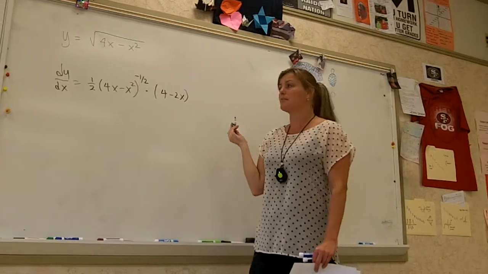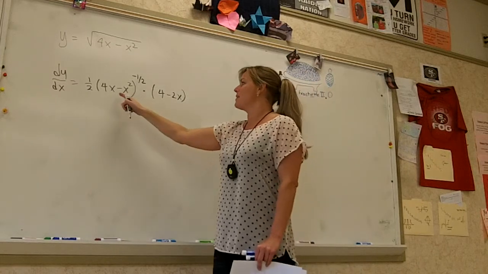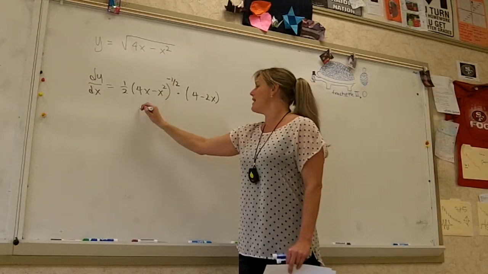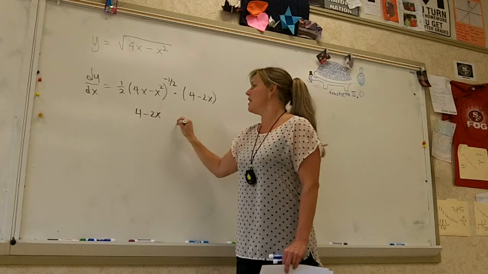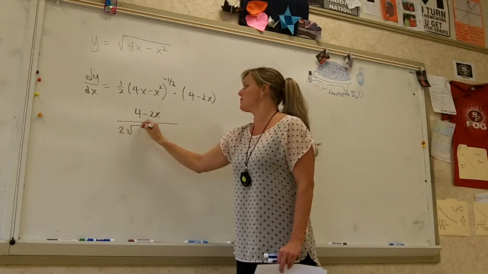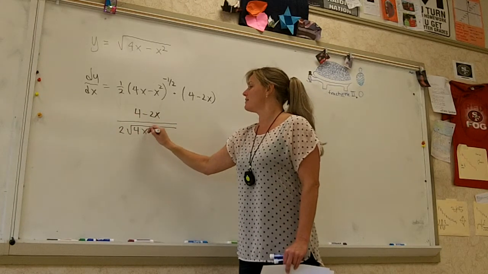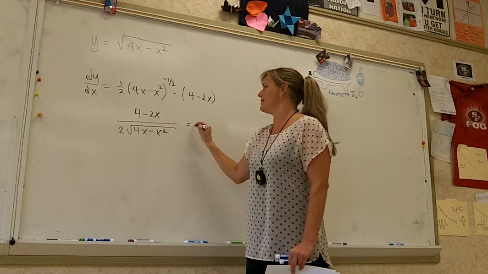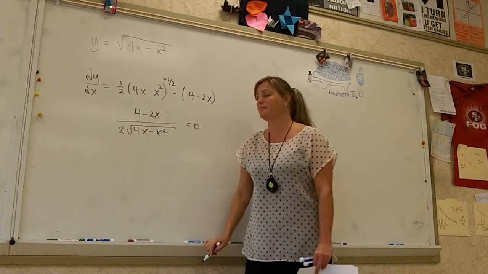Now here's where your algebra skills have to be pretty good, because I can write this as 4 minus 2x, all of that divided by 2 times the square root of 4x minus x squared. And I'm going to set that equal to 0.